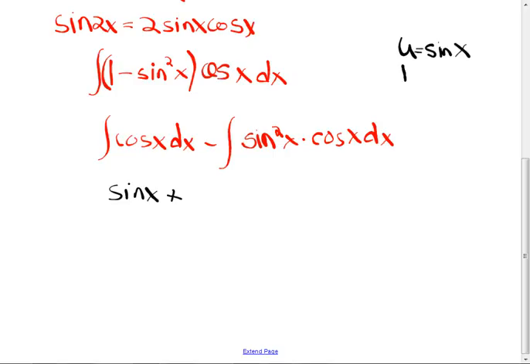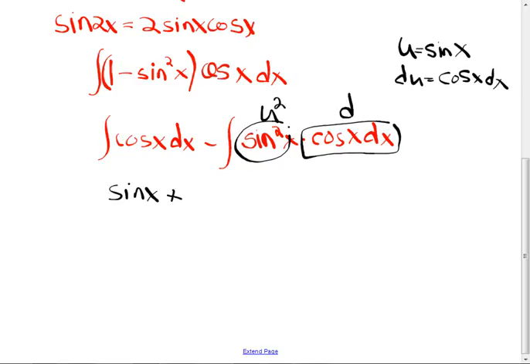This is the only u substitution I'm going to do. Cosine of x dx. And I'm going to account for everything. This is u squared, right? And cosine of x dx is du. Good, I got rid of all the x's. Except this minus.